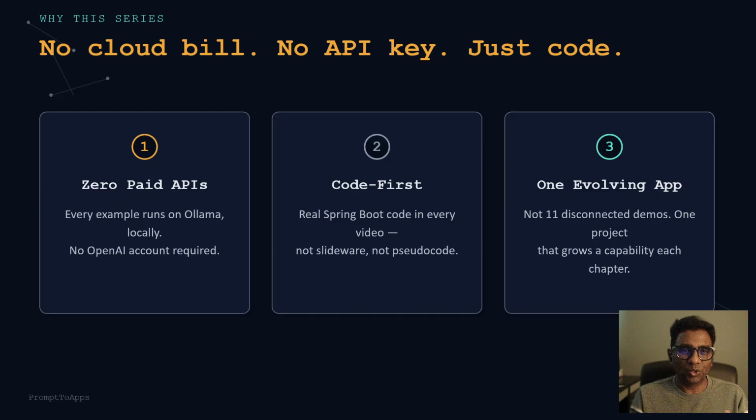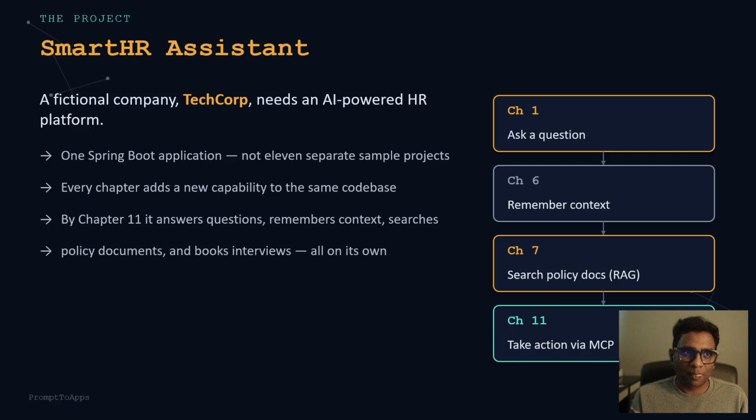The total of 11 modules that I created add complexity one on top of the other. The 11 examples are not discrete. To explain the whole concept, I have taken a simple project: we are going to build a smart HR assistant for a fictional company.